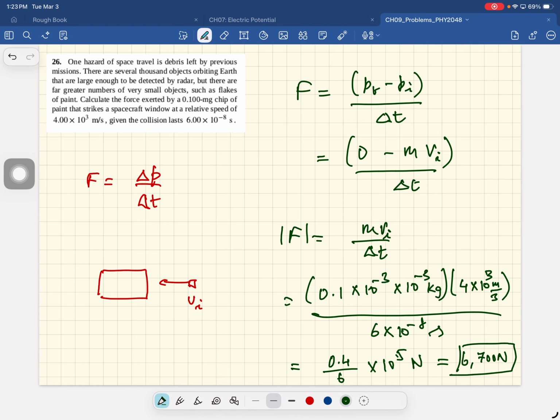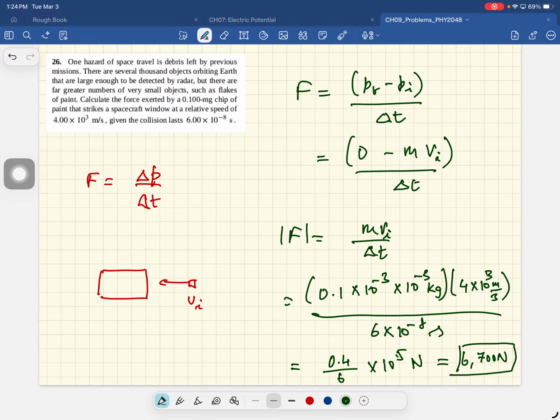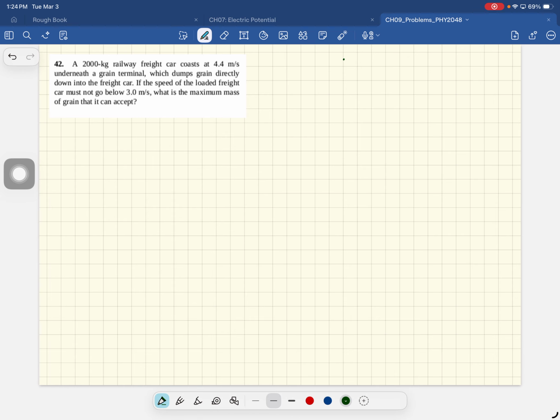So final mass is... so the mass of grain that you're dumping is 933 kgs.